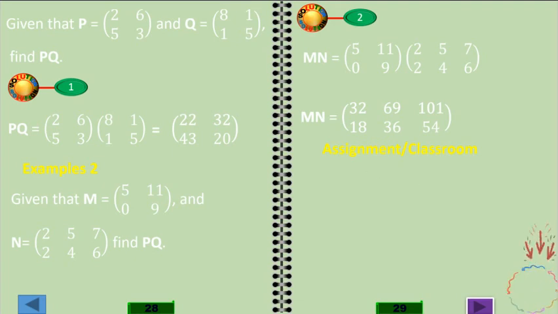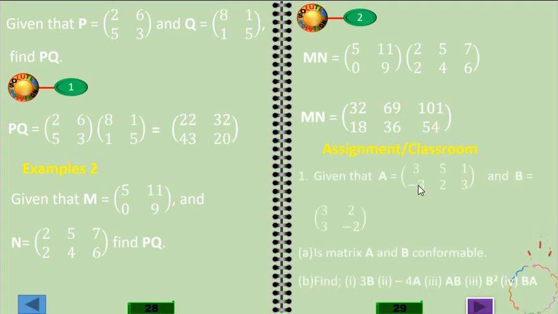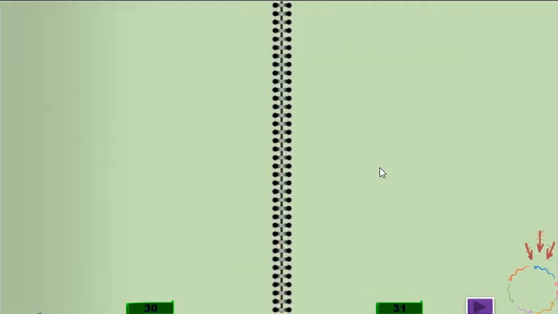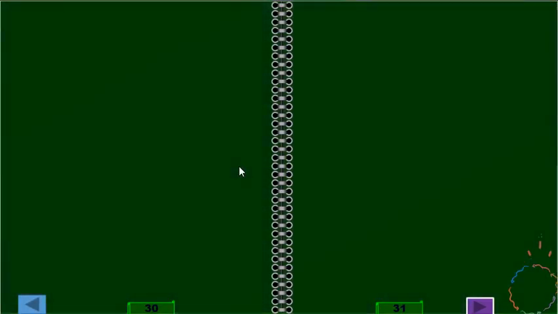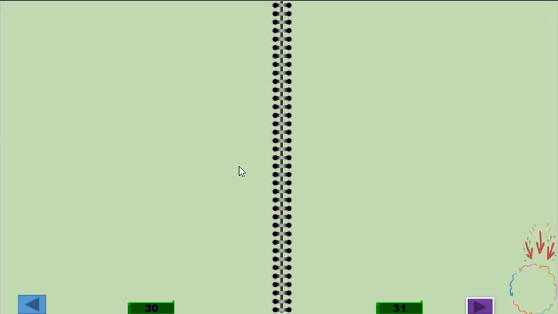The assignment is that you should multiply these matrices. That's the assignment for you.